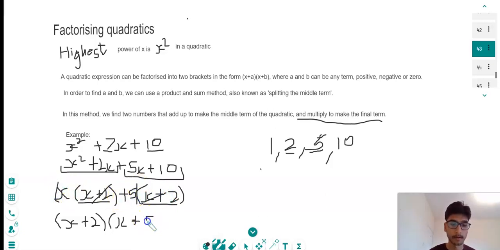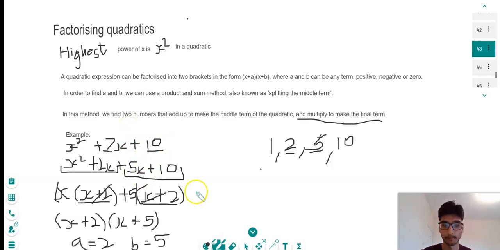So there we have it in factorized form. So when you factorize x squared plus 7x plus 10, you get x plus 2, x plus 5. So effectively we can say that a equals 2 and b equals 5. So this example is factorized.